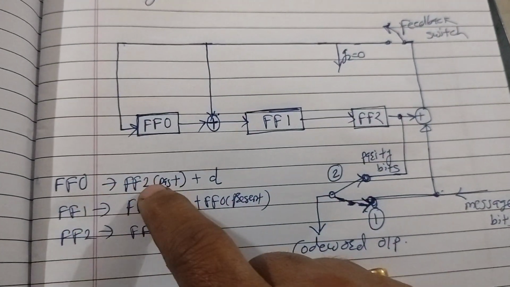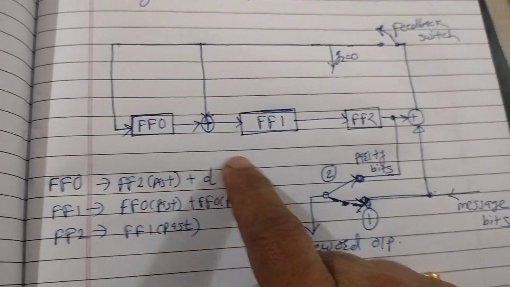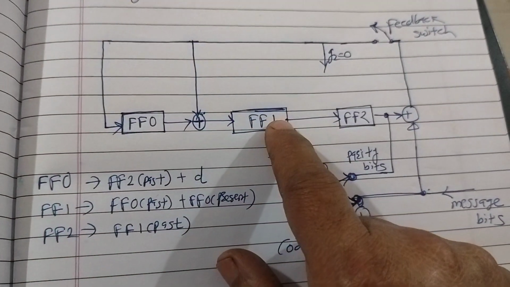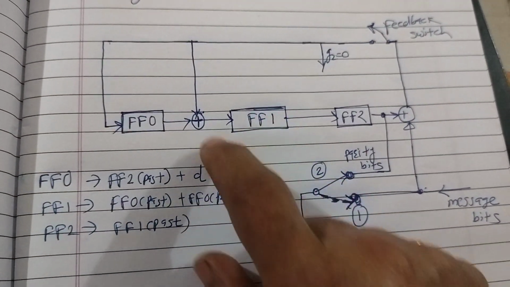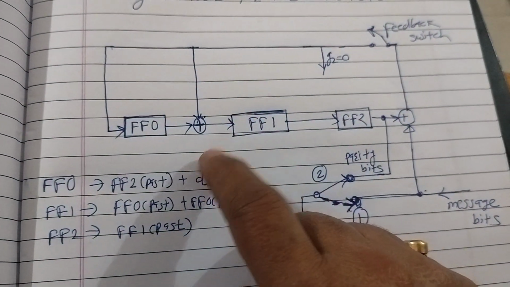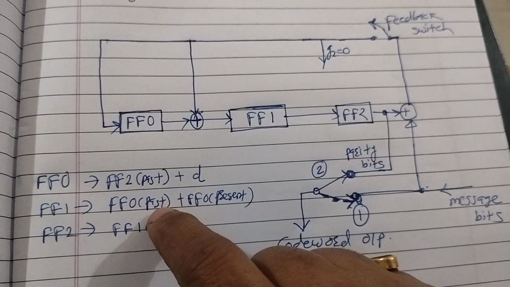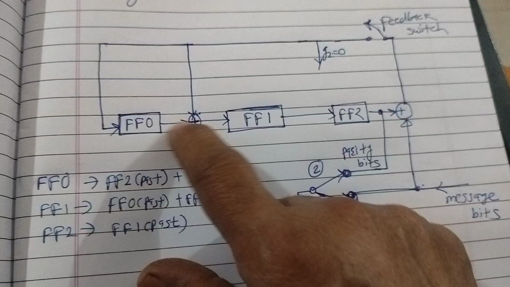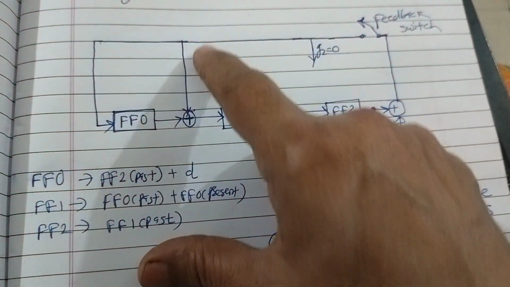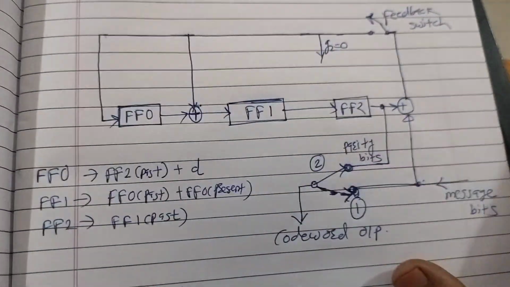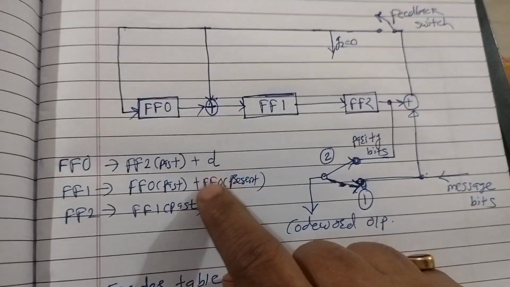So flip flop 0 is flip flop 2 past plus D, and flip flop 1 is flip flop 0 past plus flip flop 0 present. So how is flip flop 0 present?